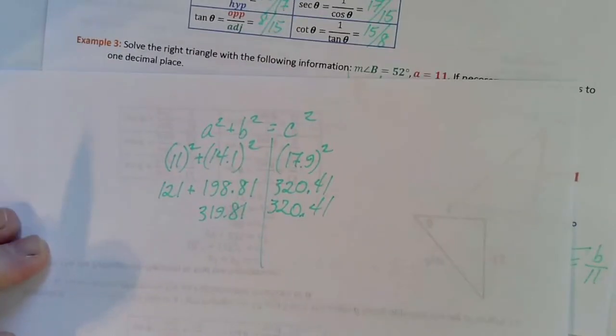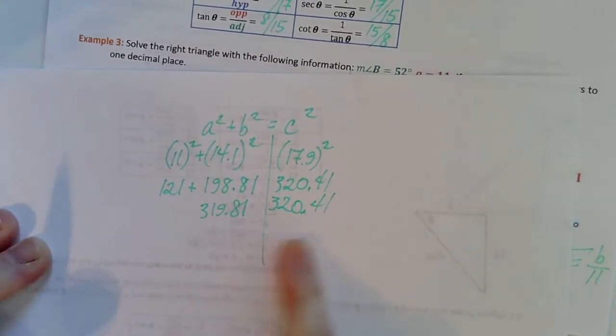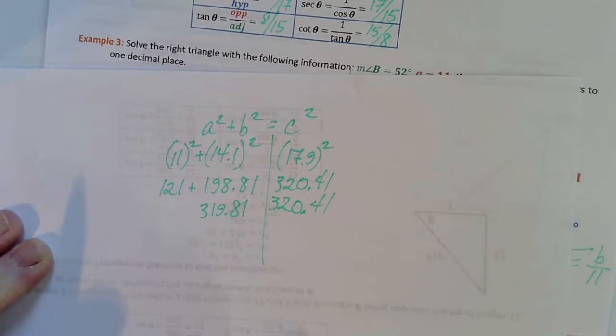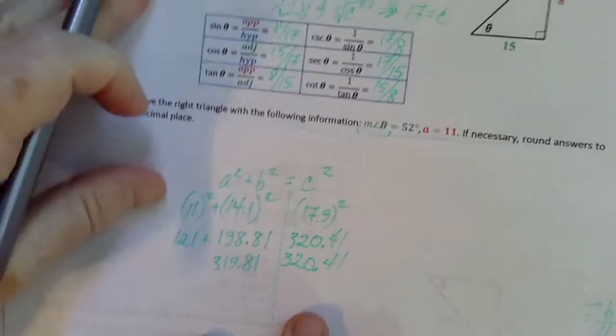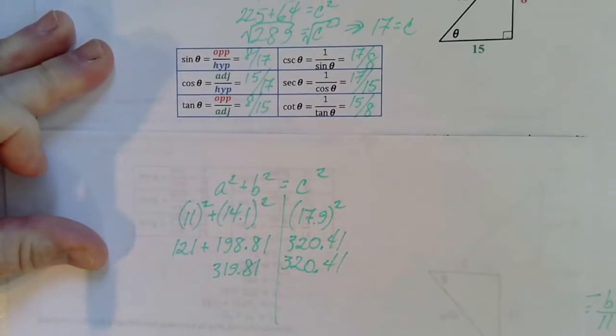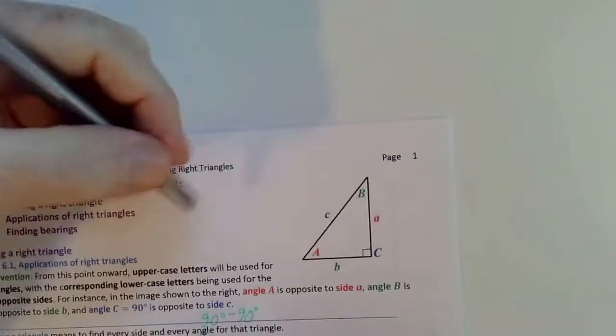Why aren't they exactly the same? Why don't I get exactly the same number on both sides? Yes, that's exactly right. We're rounding all over the place. So we've decided from the beginning to round, let's put it up here.